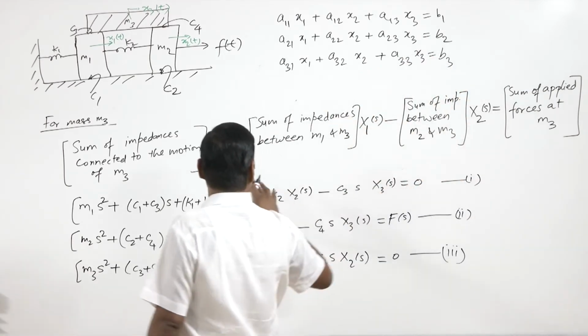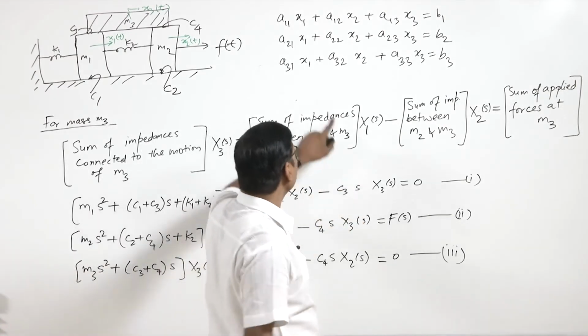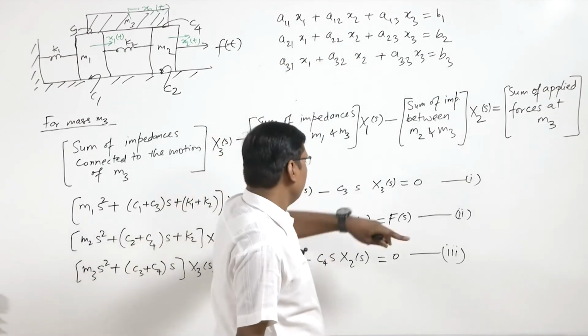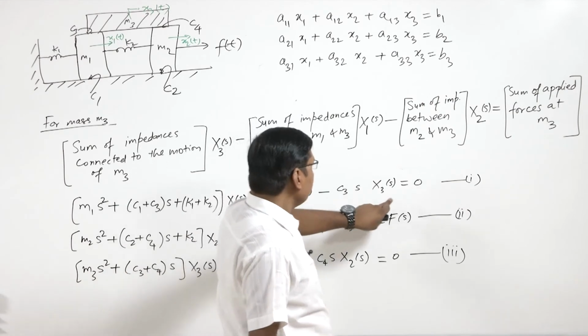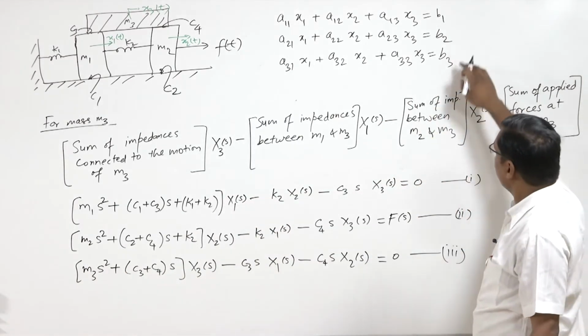Here x1, x2 and x3 are the three variables, and these terms are B1, B2, B3.